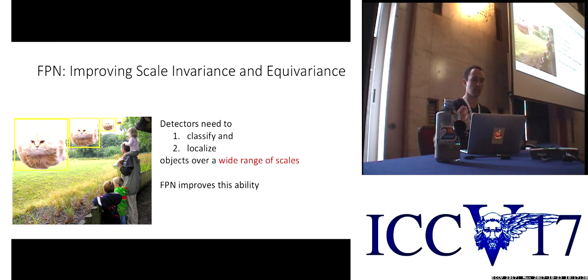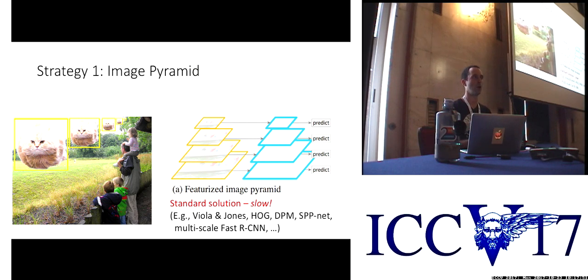As I was just mentioning, detectors basically need to perform 2 things. One is to classify objects that are there, and the other is to localize them. And they need to do this for both very small objects and very large objects. The goal of the feature pyramid network is to improve the system's invariance and equivariance to scale transformations. So I'll go over 4 strategies for accomplishing this, one of which is FPN.